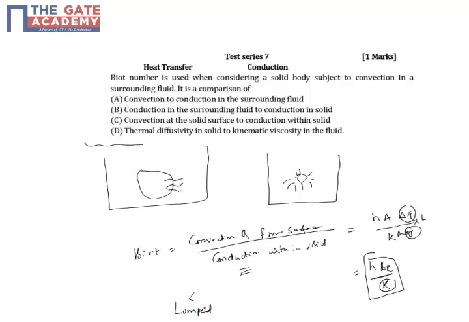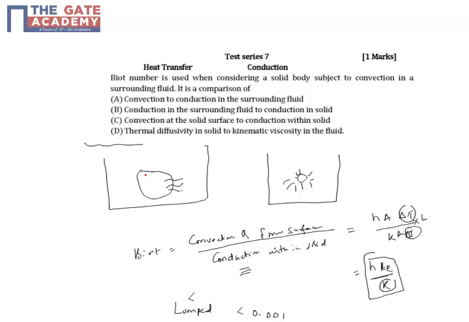So the significance of Biot number is, we check whether the lumped heat transfer analysis is valid or not. So for that, Biot number has to be very small, about 0.001, depending on the target. It has to be very small, because a very small Biot number will ensure that there is high amount of conduction within the solid, or basically it means that there are no thermal gradients within the solid.